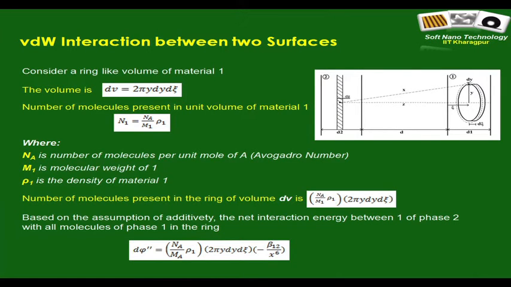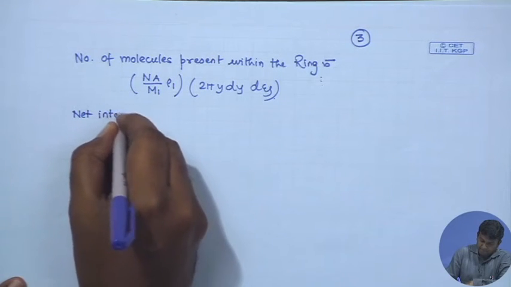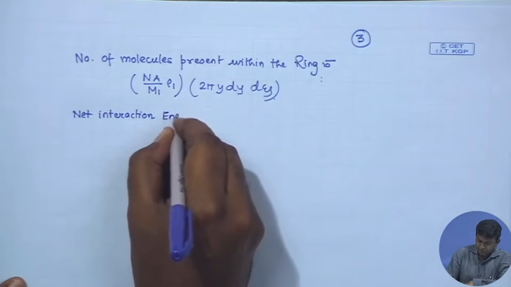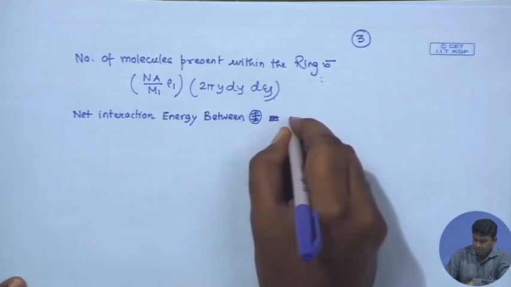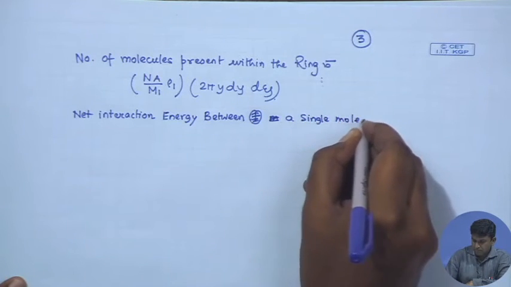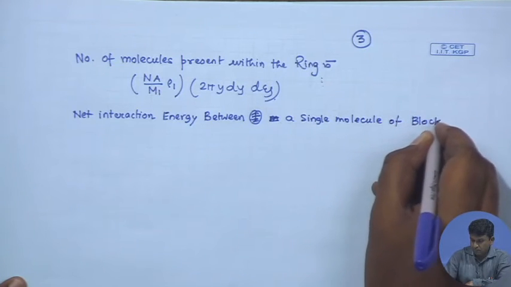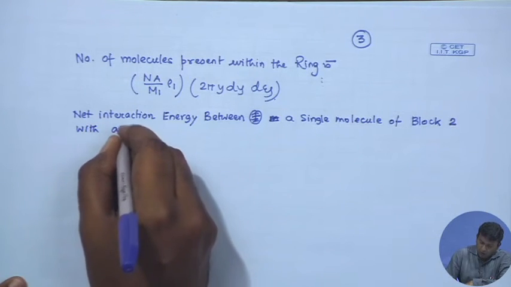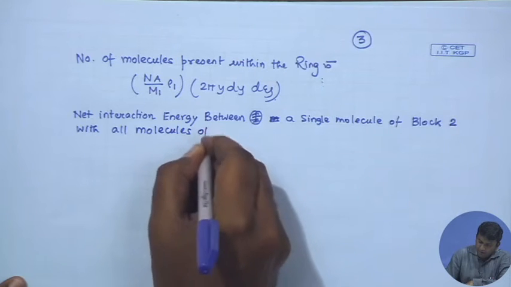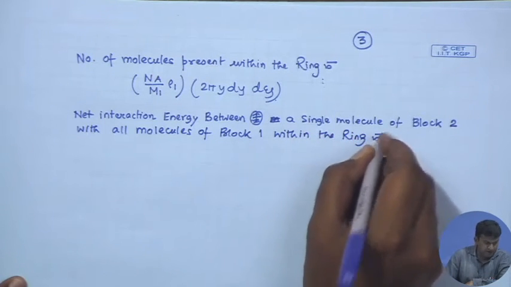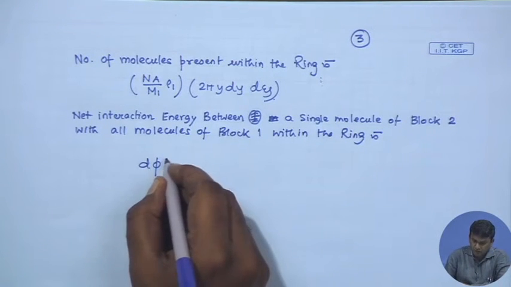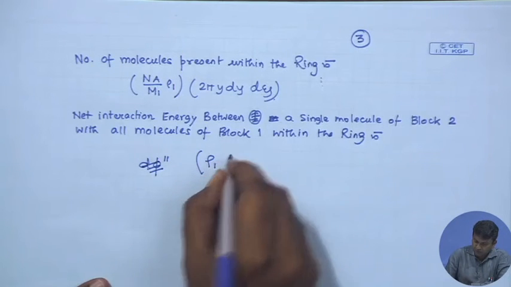The net interaction energy between one molecule of phase 2 or block 2 with all molecules of block 1 within the ring is, we do not even use a symbol, we will talk about it later.